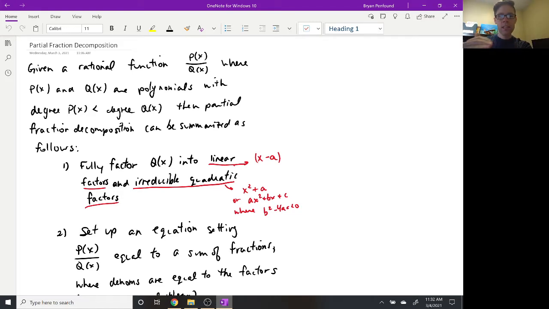On Wednesday, we discussed, if you're given a rational function, a polynomial divided by a polynomial, and you know that the degree of the numerator is smaller than the degree of the denominator, then you can go through this procedure of partial fraction decomposition.